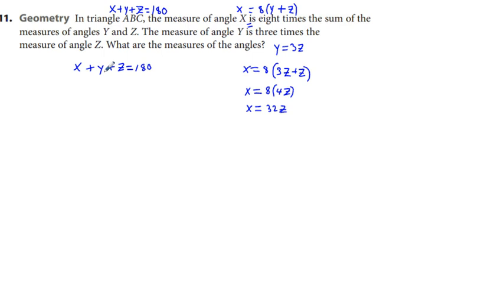We can get rid of this z also in this equation by replacing y with 3z. And then we have plus z is equal to 180. So now we have x plus 4z is equal to 180.